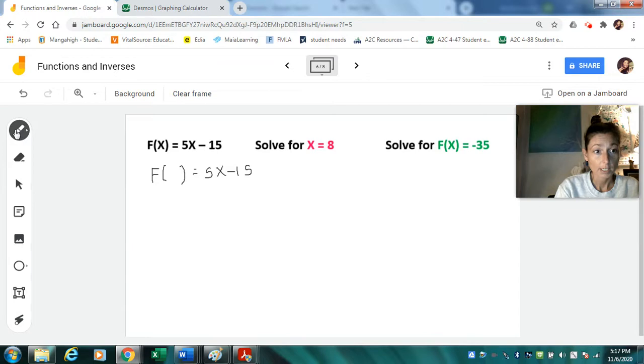All right, so I'm going to change over this color here. And now I'm going to be putting in this 8. And again, over here, it's just like a placeholder. It tells us what we plugged in. And then I need to erase that. I meant to put a parentheses there.